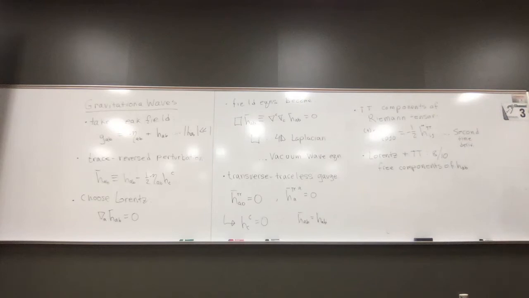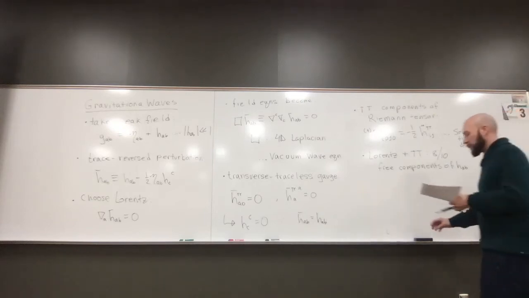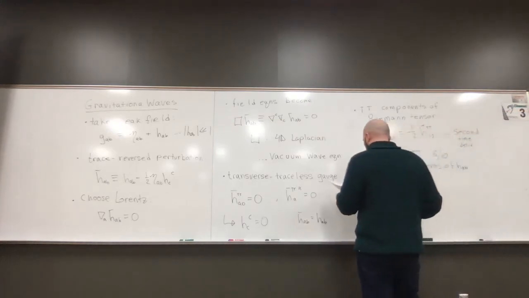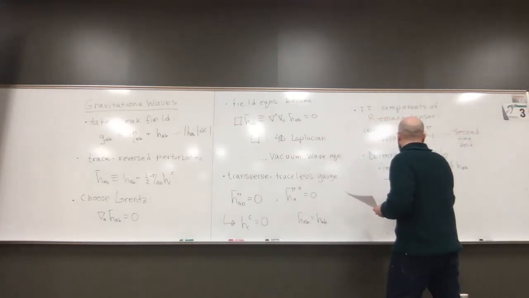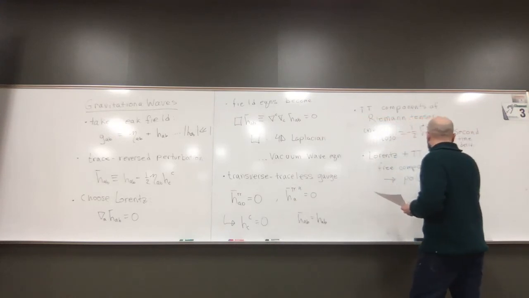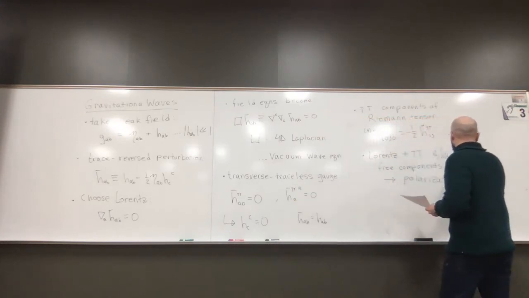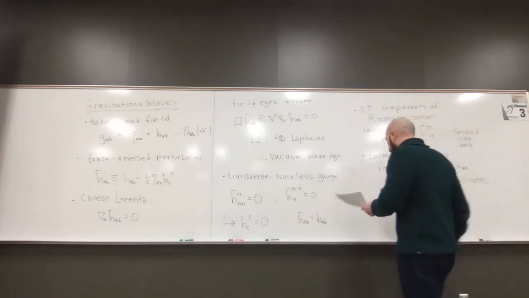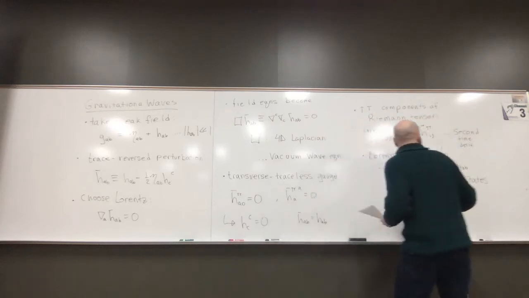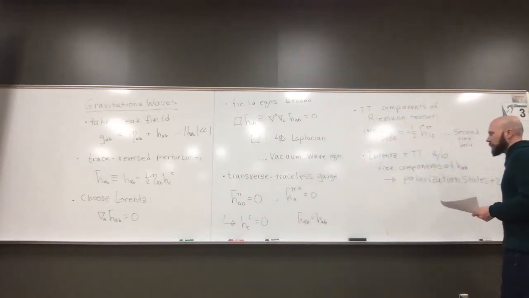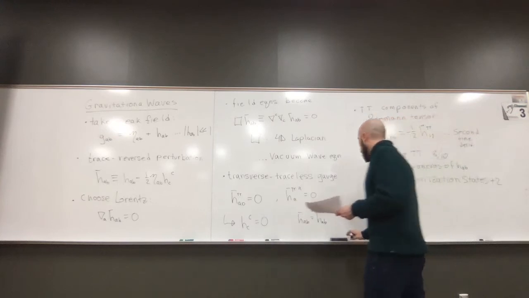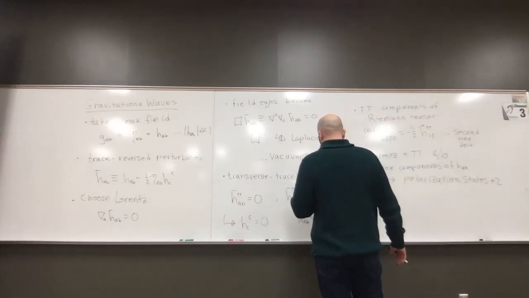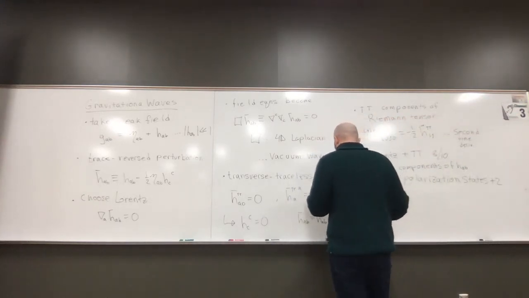So there are 2 different polarizations for a gravitational wave, just like an electromagnetic wave, right? And so those are the polarization states. Gives us plus 2, and then we're good. But we have to account for both of those polarization states because the waves can be polarized. That's a physical freedom.